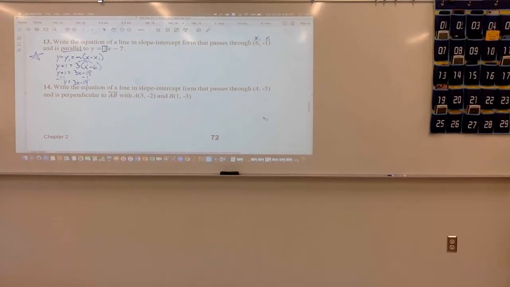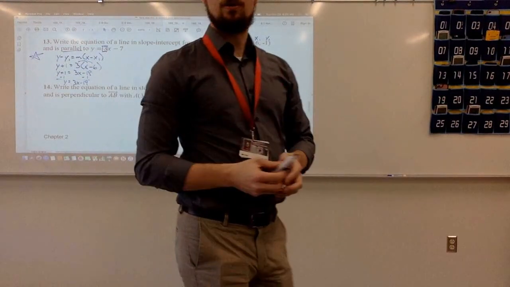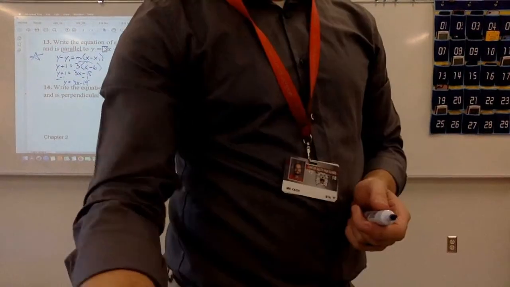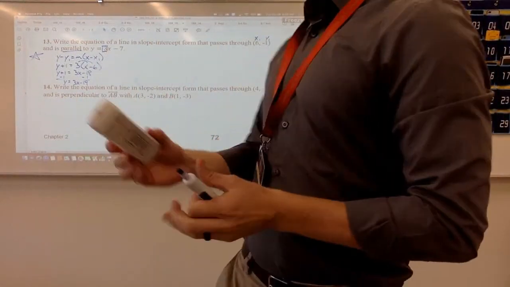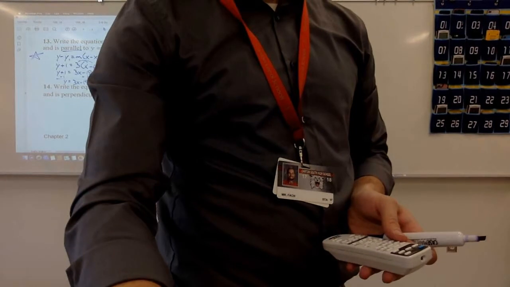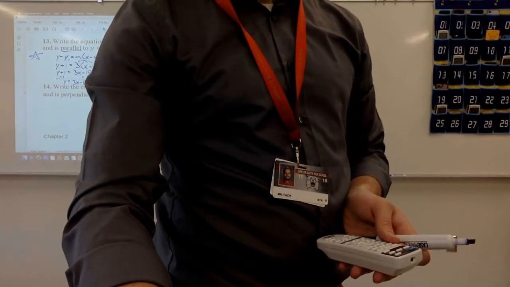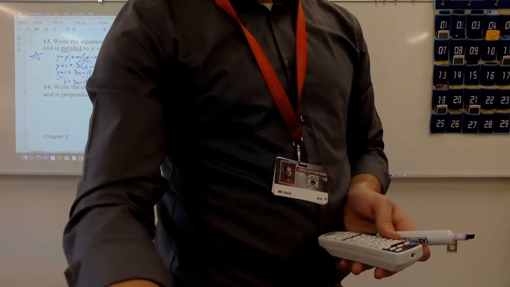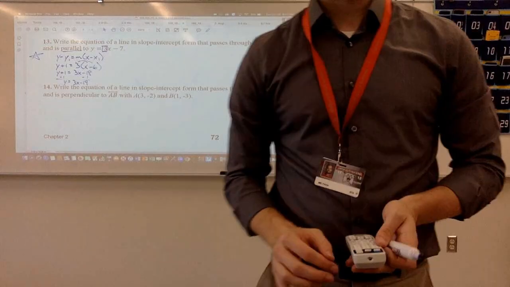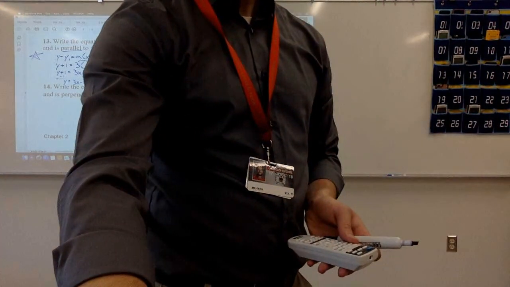Alright. So we also talked about a way to do this on Desmos. I hesitate to use Desmos, but I'm actually going to bring Desmos up and do that here. There we go.